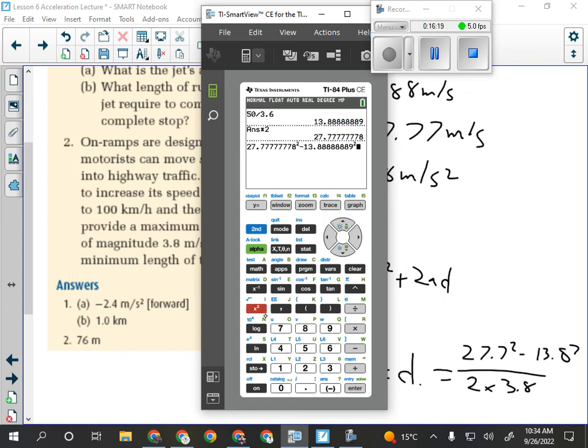I didn't bracket it because I'm doing that operation first, and then I'm going to divide by the bottom, which I am going to bracket: 2 times 3.8. All right, so they are going to have to make that on-ramp 76 meters long. Everybody all right with that?